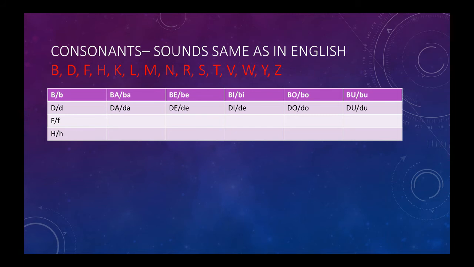And likewise, D as in the second row will be pronounced da, de, di, do, du, and so on. Feel free to pause the video and practice the rest of the consonants by adding vocali.